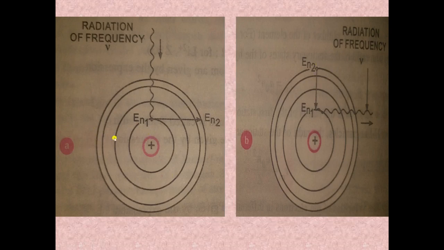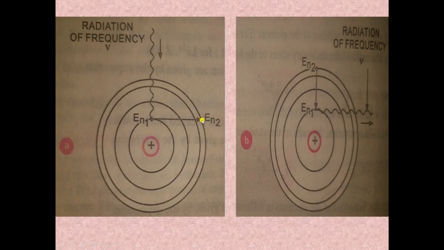Suppose this is the structure of the atom and these are the orbits, and the electron in the hydrogen atom is present in n is equal to 1. So when we supply energy, this electron will absorb energy and go to a higher energy level.